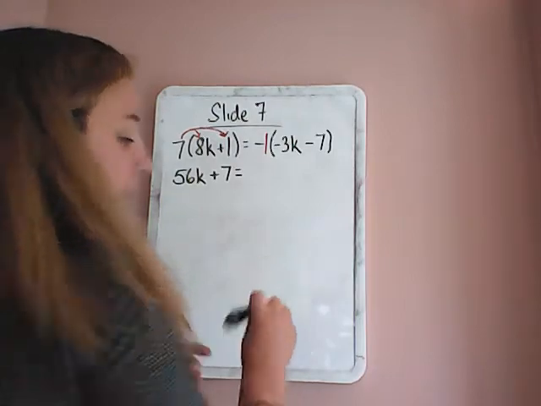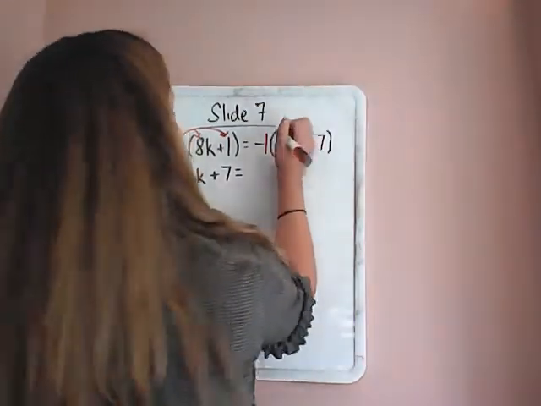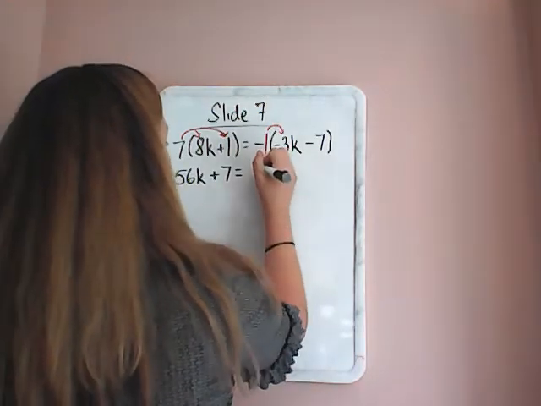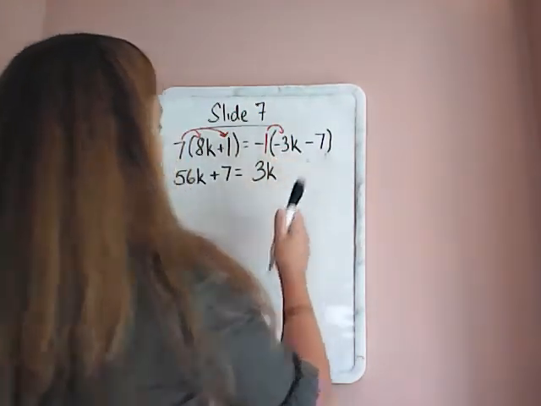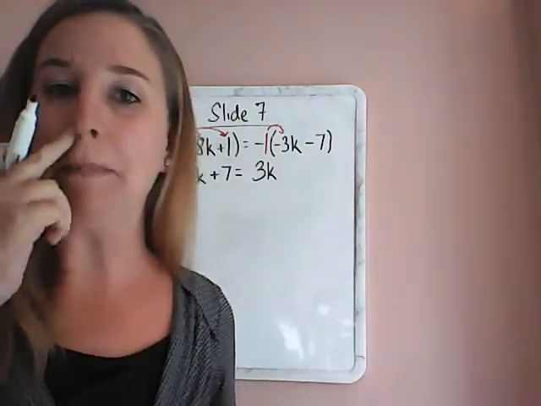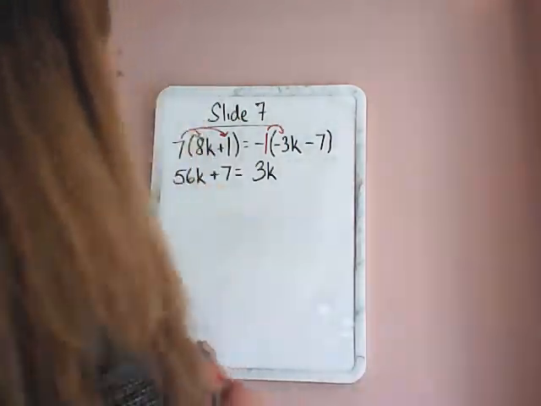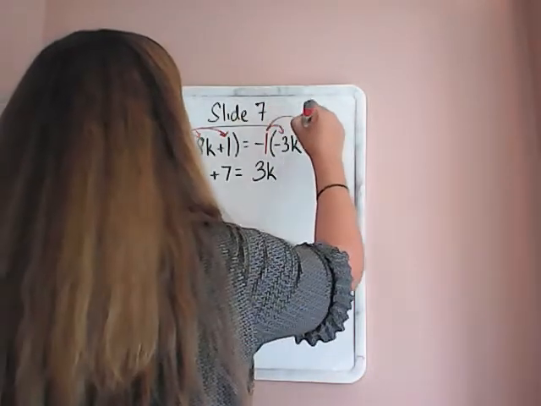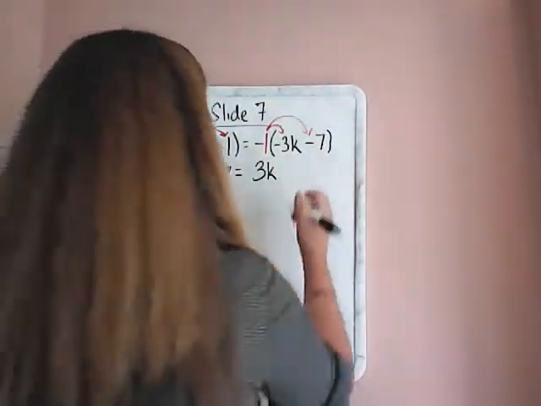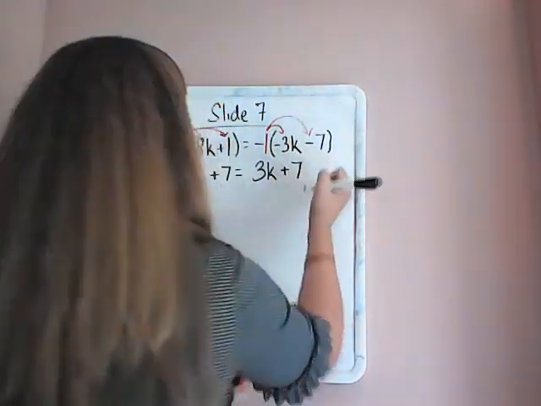So negative 1 times negative 3k is a positive 3k. You can put a plus if it makes you feel cozy, but it's not really necessary. And then we have negative 1 times negative 7, which becomes a positive 7.